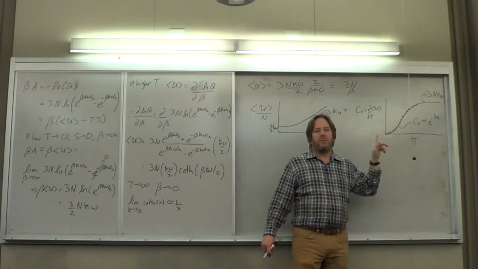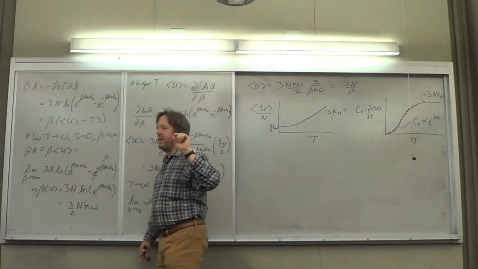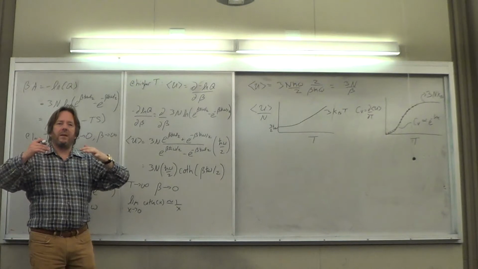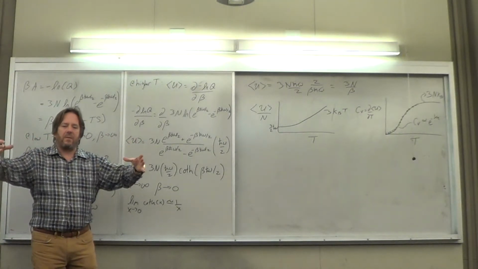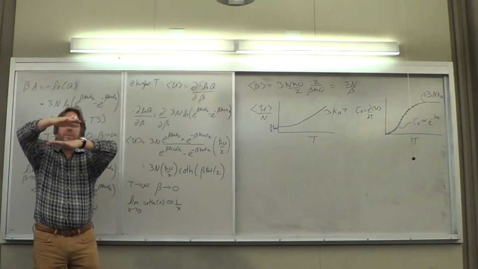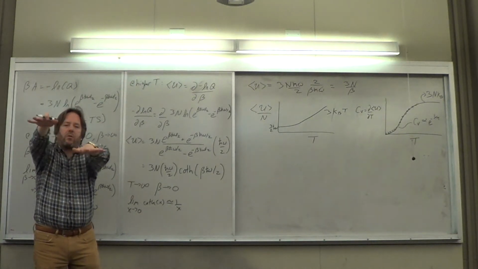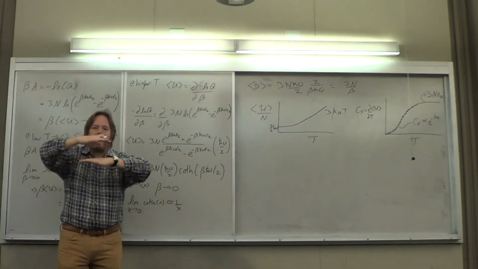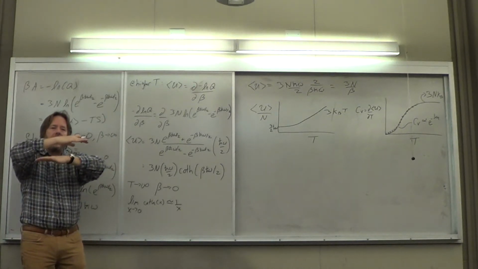Anyway, the problem is that Einstein uses a single frequency, and that's wrong. Let's take a perfect crystal. You know that the low frequency modes are going to be like planes moving across from each other, like plate tectonics, like an earthquake. That's basically what's going on at low frequency.